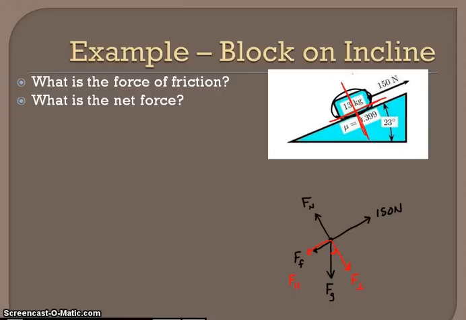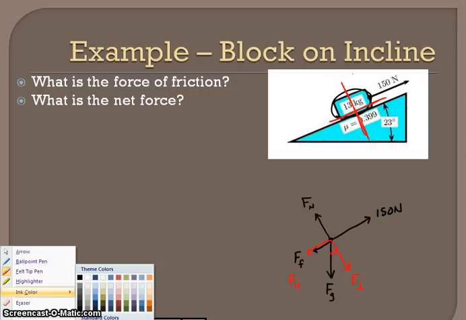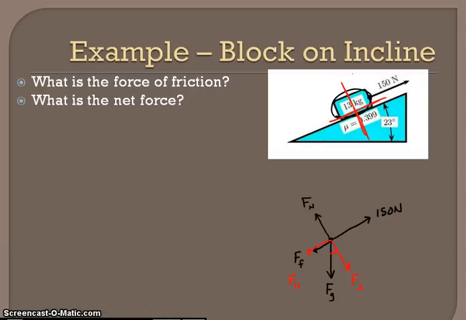Okay? And so now I'm going to switch into a different color here. I actually want to work on a solving color. So I'm going to pick blue today. My gravity causes my mass, 13 kilograms, times my 9.8 meters per second squared, to give me my total force.